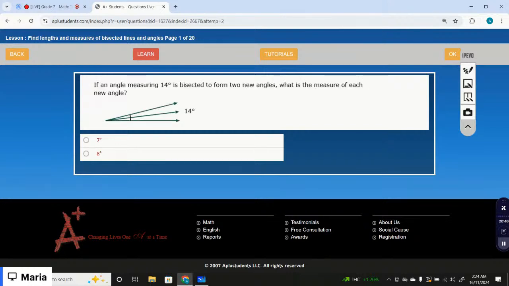If an angle measures 14 degrees and is bisected to form two new angles, what is the measure of each new angle?